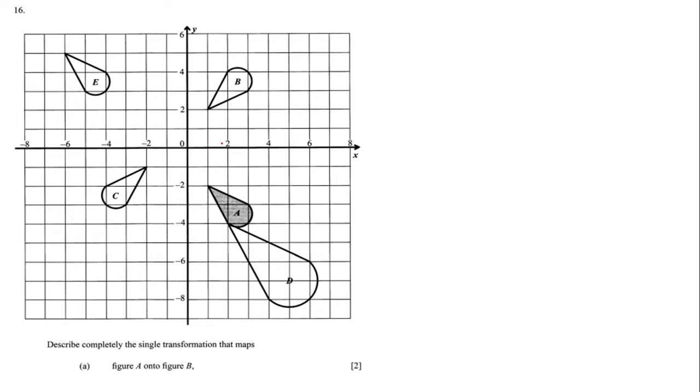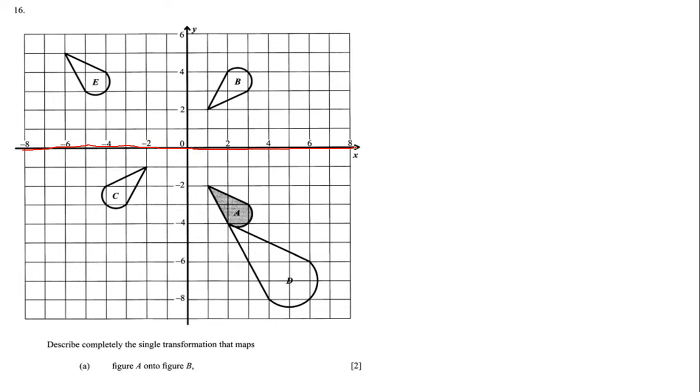Looks to me like a reflection of some sort. What do you think? Yeah, it will be a reflection. I think it's a reflection as well. But a reflection about which line? So I think it's a reflection along the line y equals 1. I think this line right now is the line of reflection.